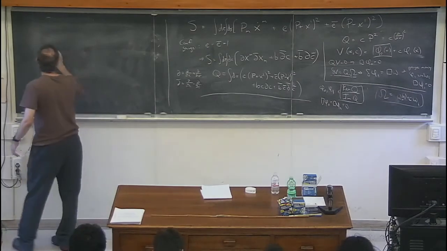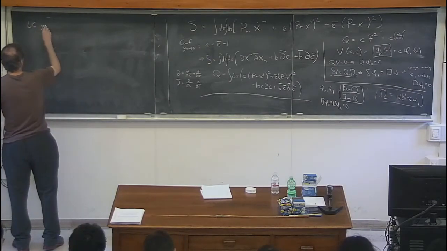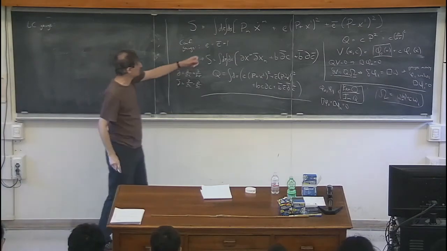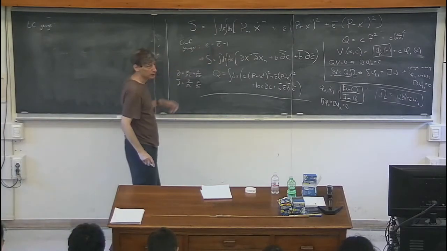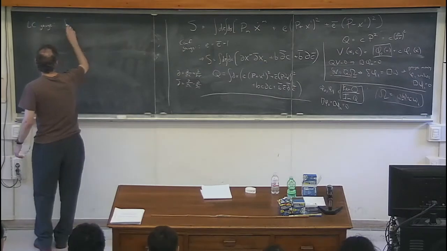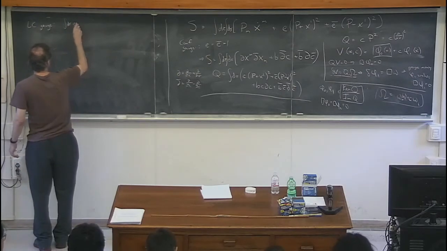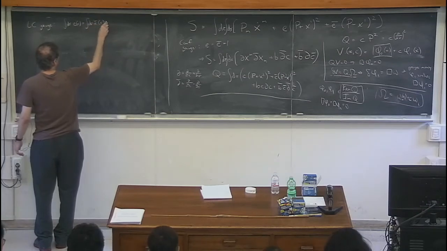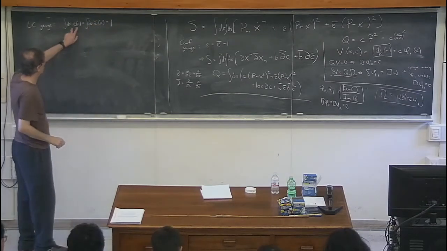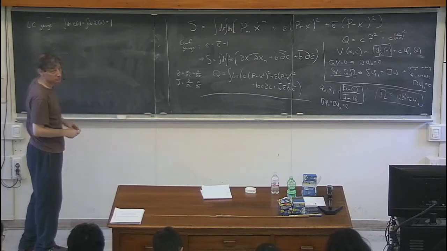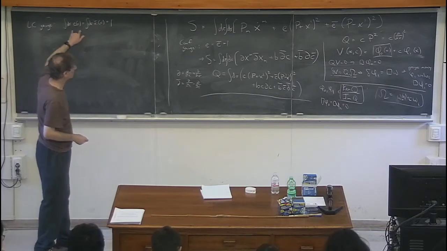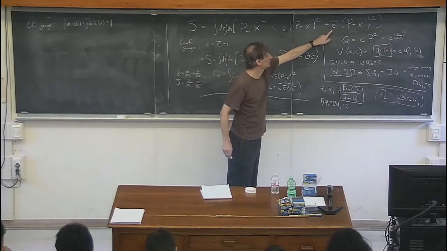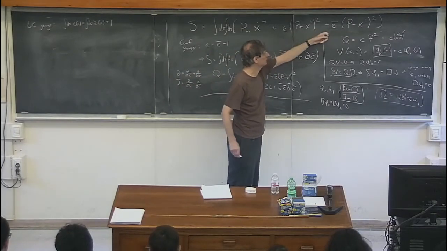So light cone gauge. We're only going to set the zero mode of E and E bar to be equal to 1. What does that mean? That means that d/d sigma of E, the sigma dependent part, we won't try to gauge to 1. We'll use that freedom. Of course we have these sigma dependent epsilons.